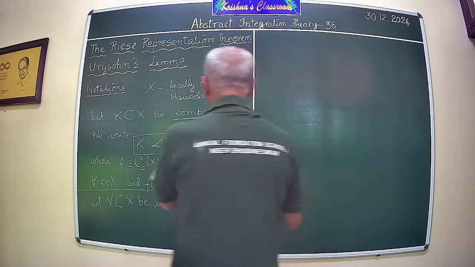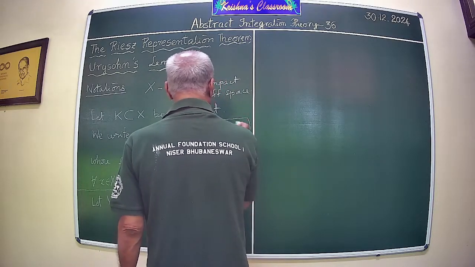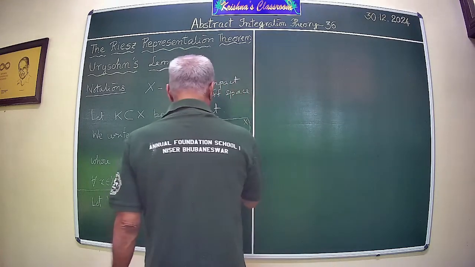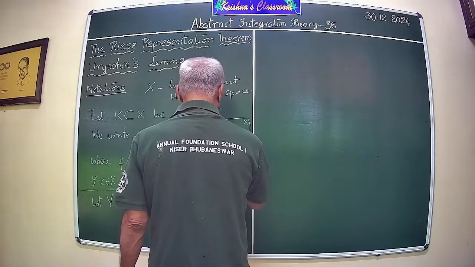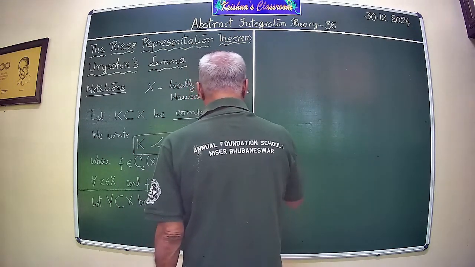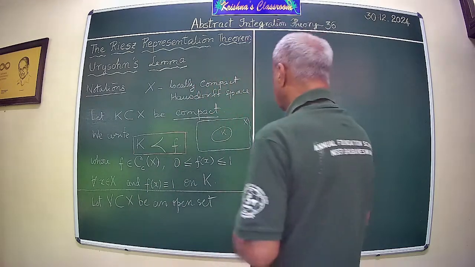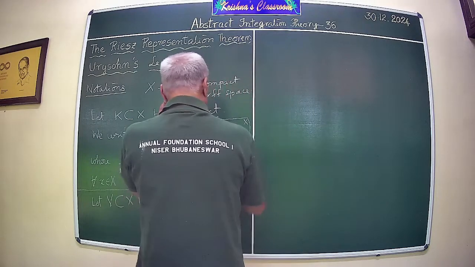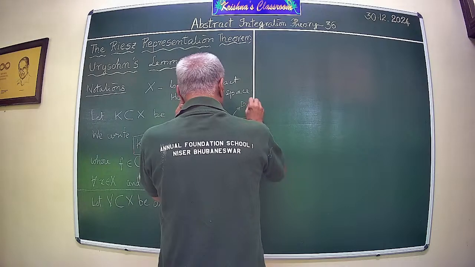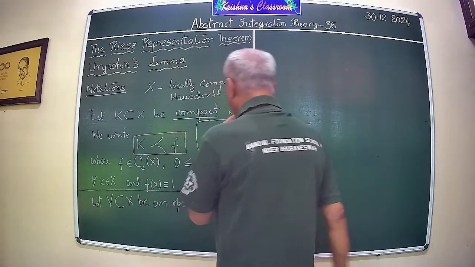So it means the following. Let me draw a picture. So this is X. Now this is K. So we define a map from here to [0,1]. f has compact support.